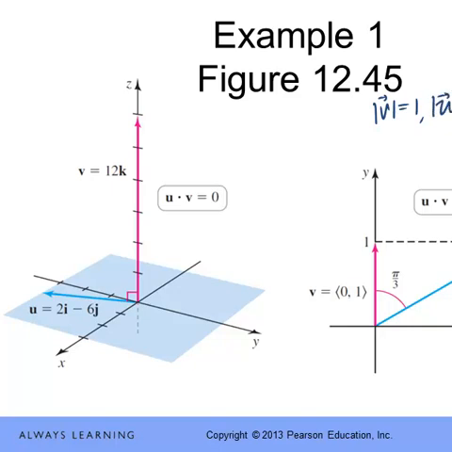Magnitude u is the square root of 3 plus 1, which is the square root of 4, which is 2. And then what is cosine of pi over 3? It's 1/2, right? So u dot v is equal to magnitude u times magnitude v times cosine of the angle between them. So 1 times 2 times 1/2, that's equal to 1.